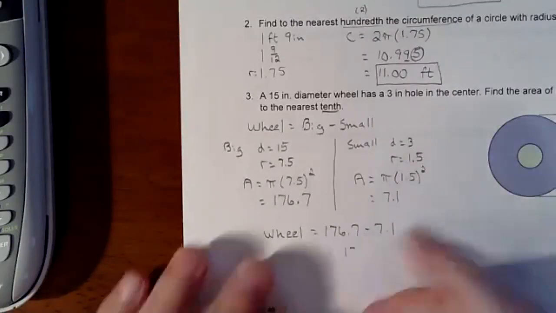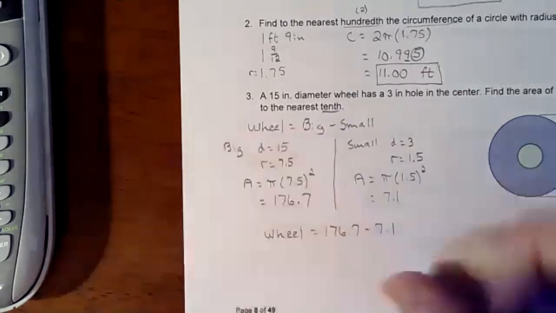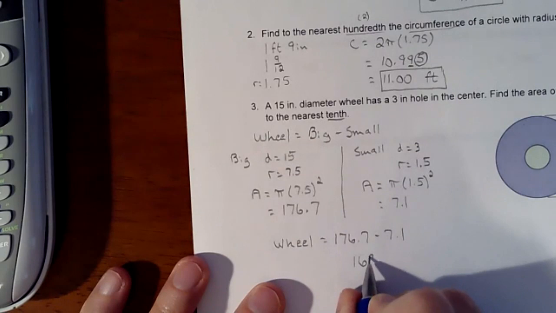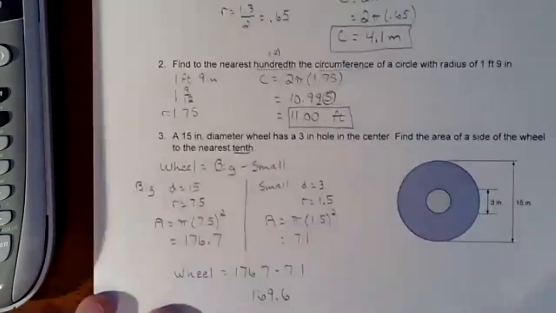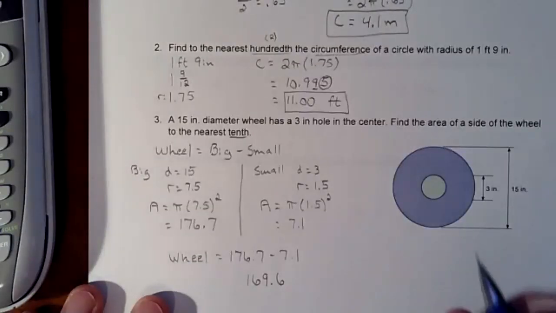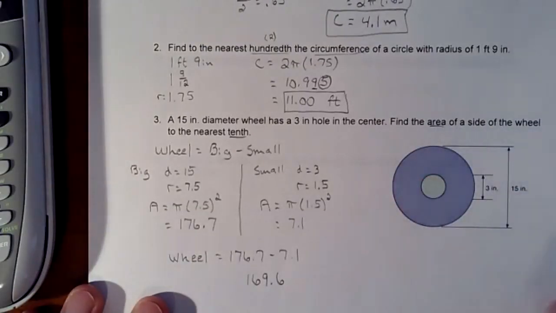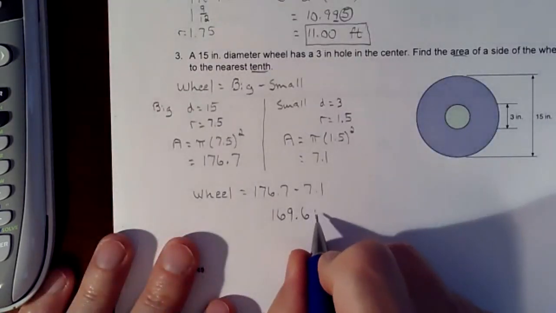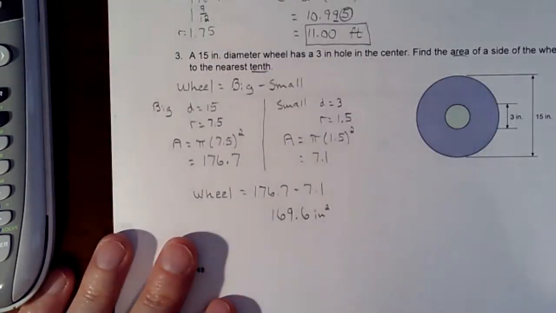All right. So label though, that's going to be something on quizzes and homeworks and stuff like that. We want to label correctly. We were talking about inches, and you're talking about an area measurement. So you're looking at 169.6 inches square.